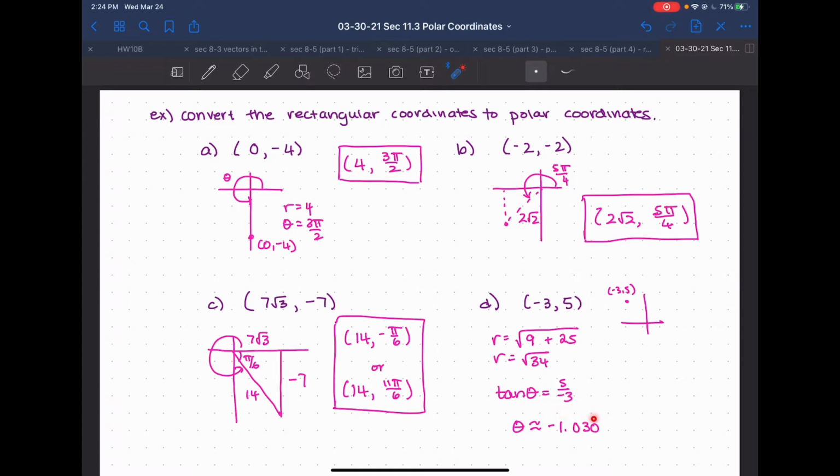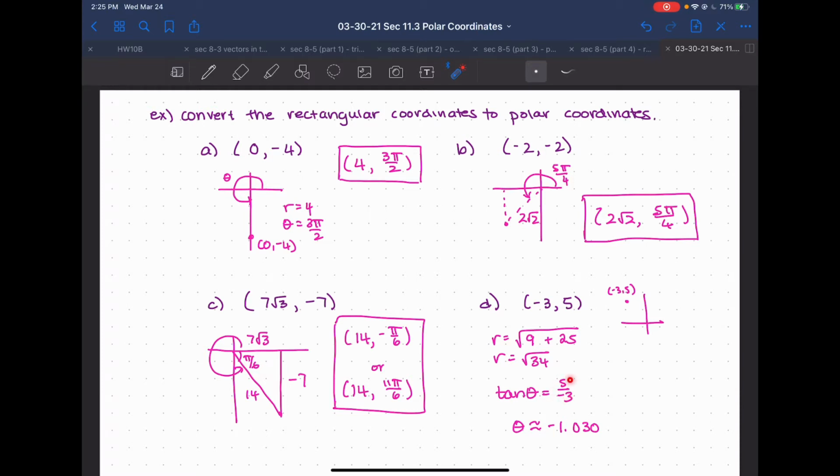You should be thinking this is in quadrant 4. I mean, there's a couple of ways to get it. First of all, -1.030, that's not going to go enough to get you out of quadrant 4. Also, the range for tan inverse is quadrants 1 and 4.